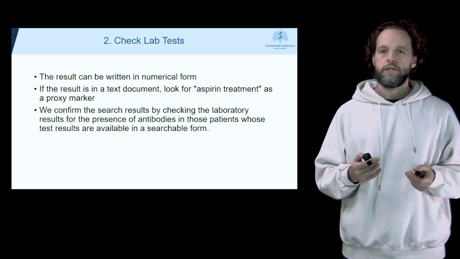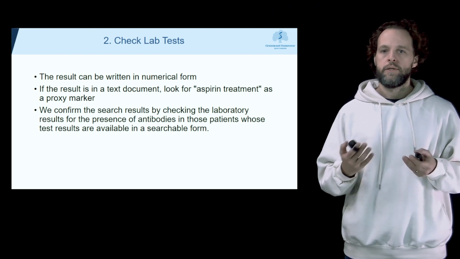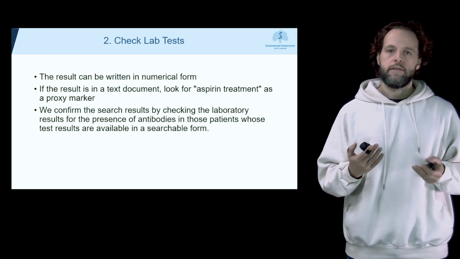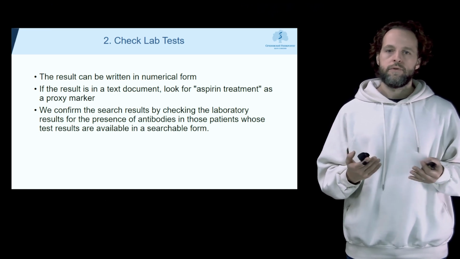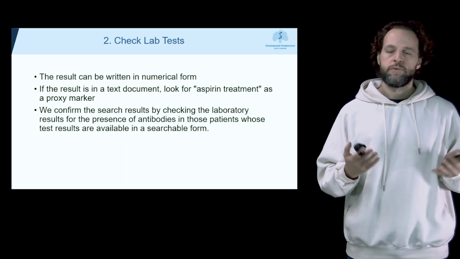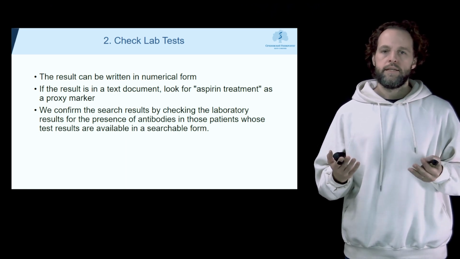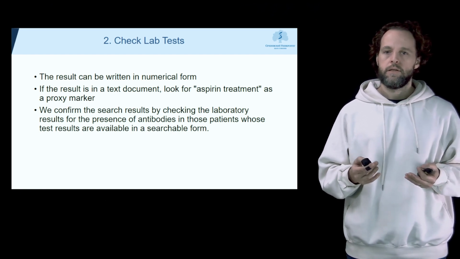So we will need to check lab tests. The results can be written in numerical form. If the results are presented in the text document, we will need to look for some terms which are related to the situations. For example, aspirin treatment as a proxy marker or something like that.